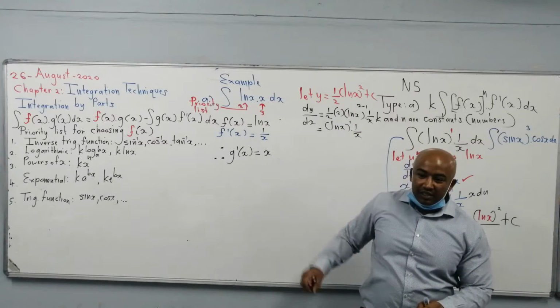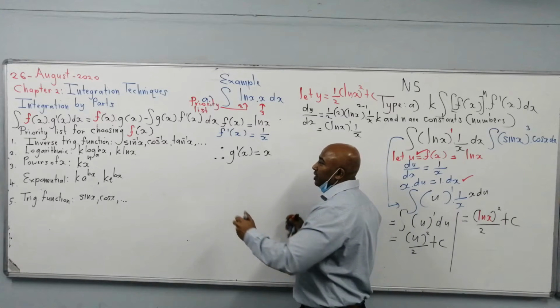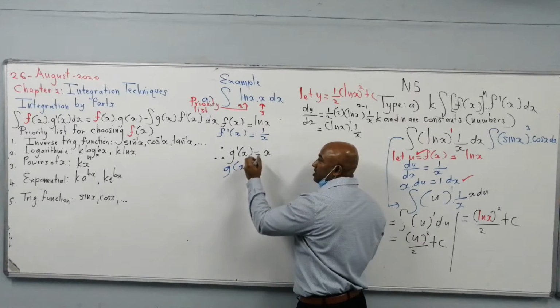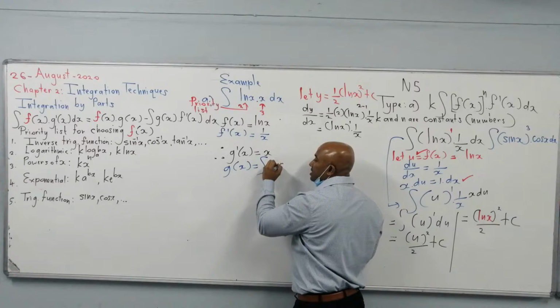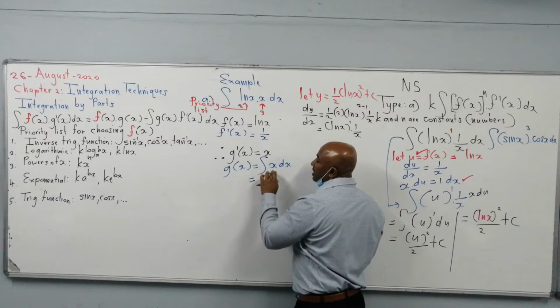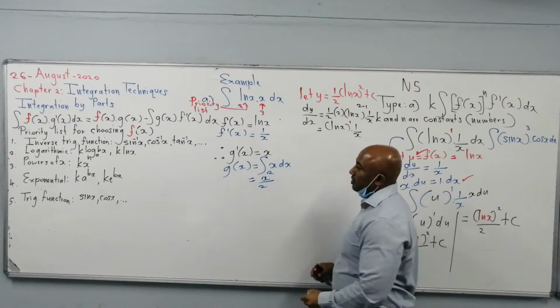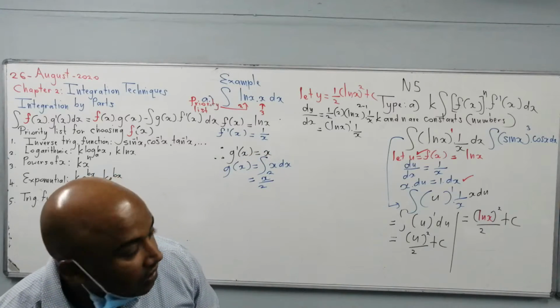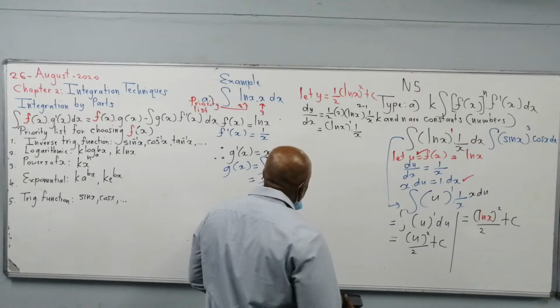How do we get that original function? We use integration to get back. So g of x, you're going to integrate x, and when you integrate x, it's going to be x squared over 2.